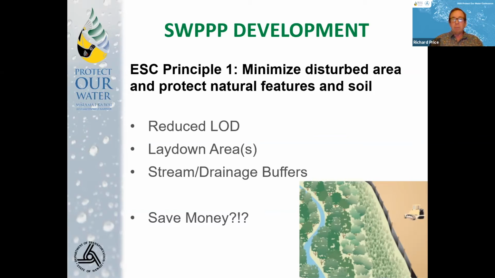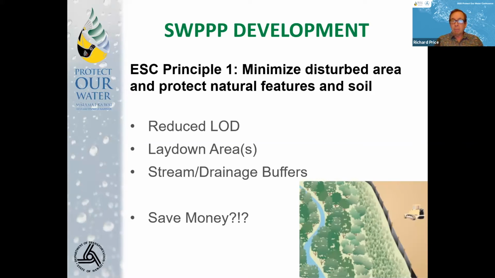There may be specific areas that can be minimized, like laydown areas. There may be sections of it where you have sensitive features like a stream, or even just a natural drainage, a gully or drainage area, and leaving a buffer of vegetation along those provides you an extra level of BMP, an extra level of filtration of water that's discharging there.